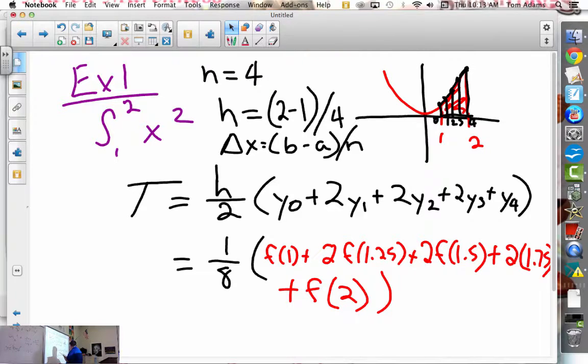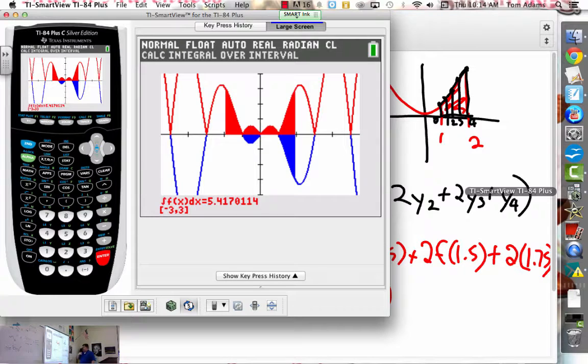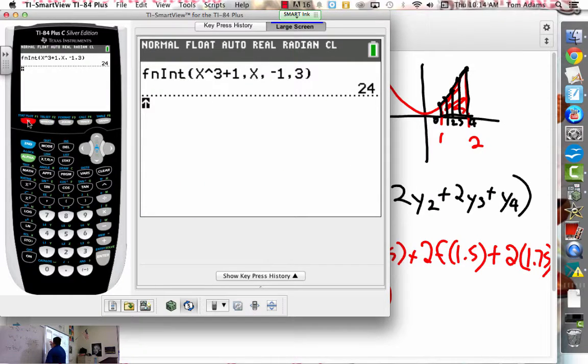So now to do that on your calculator, there's a couple ways you can do it. We'll just do it by hand. I'm just going to figure out what f of those values are, and we'll plug it in.